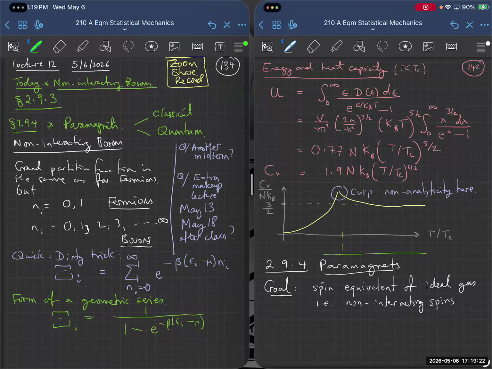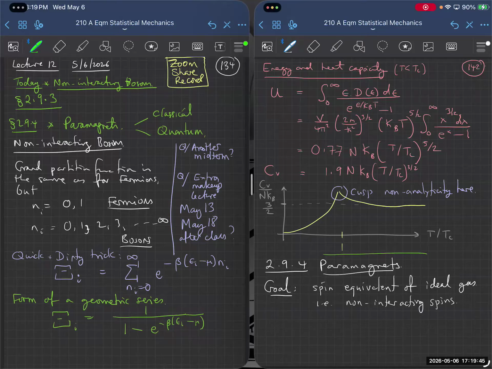And in the same way that the particles bouncing around in the box bounced off the walls of the box, so there was an interaction with what's keeping them in the box, the spins interact with external fields like electric or magnetic fields. So there are no interparticle interactions, no interspin interactions, but there are interactions with external fields.